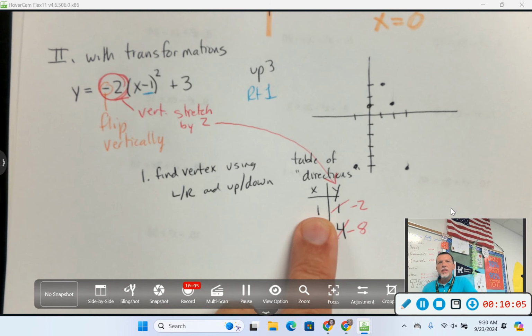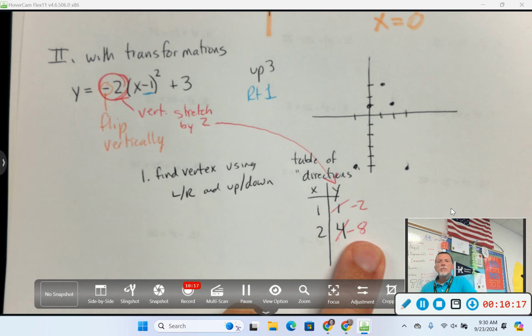So what is 1b3? This one because of the right 2? Or, wait, y3? Wouldn't be y3. No, the directions are 1, negative 2.